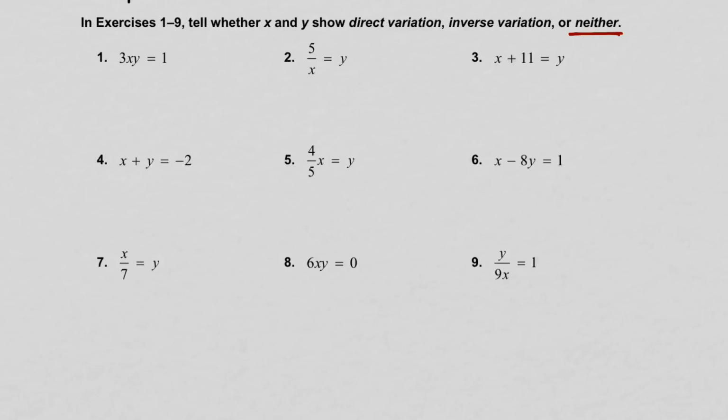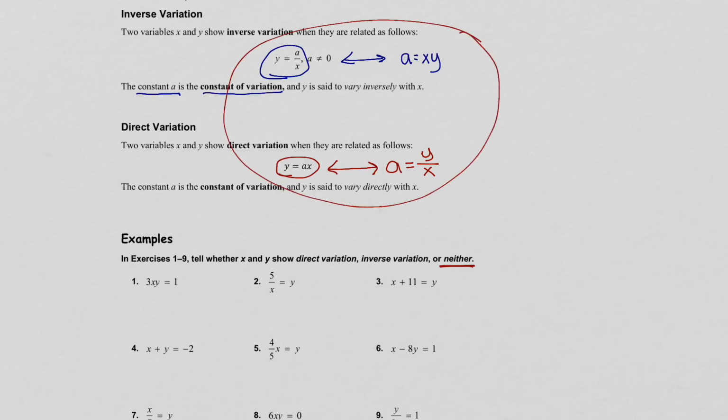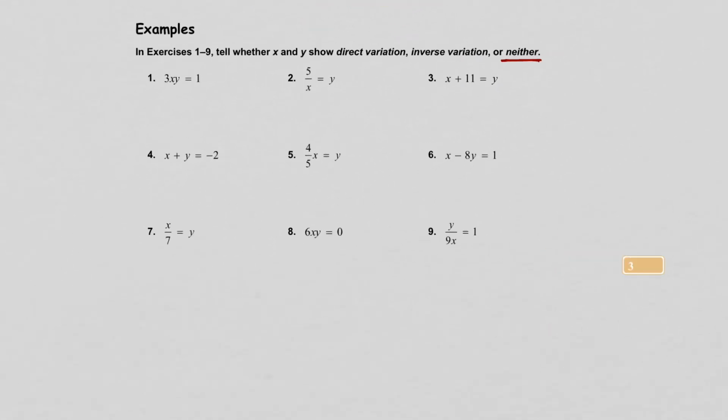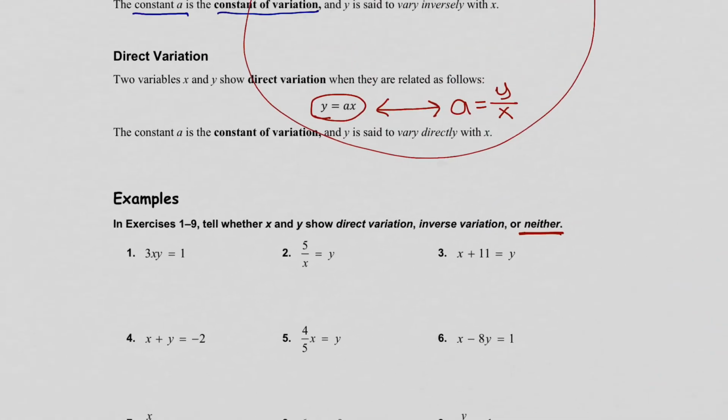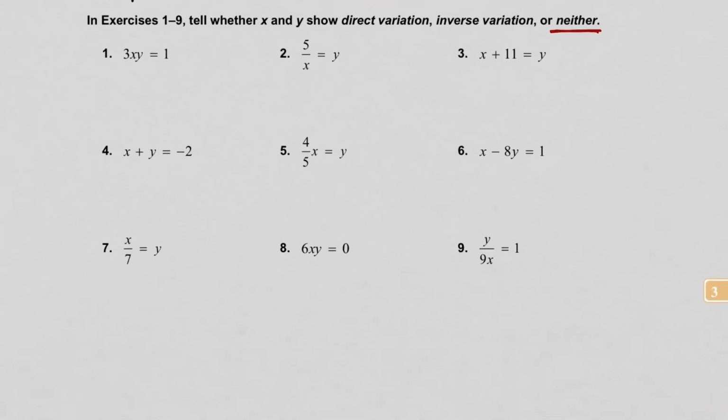A few of these equations don't look anything like the way those four equations look. A key there is, up here, there are no plus and minuses. Down here, I see some plus and minuses. If there is that, no matter what, this will be neither.